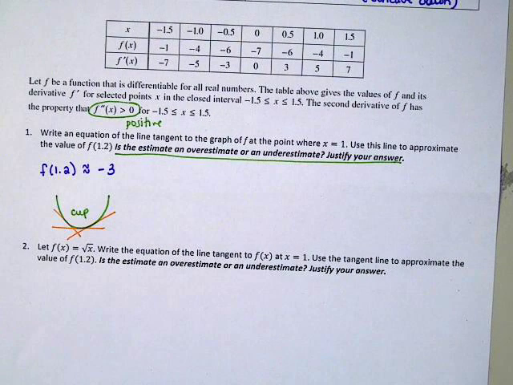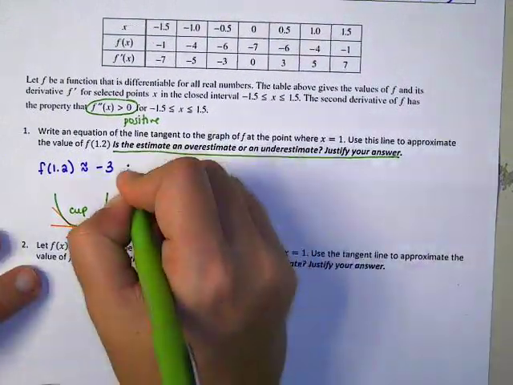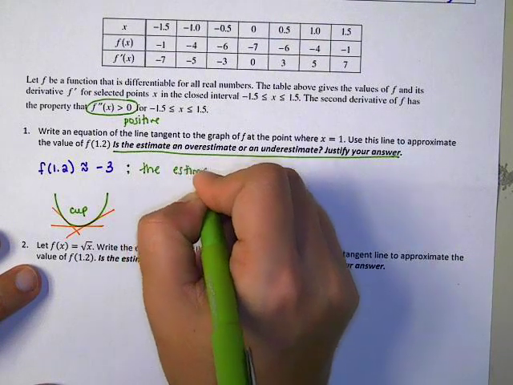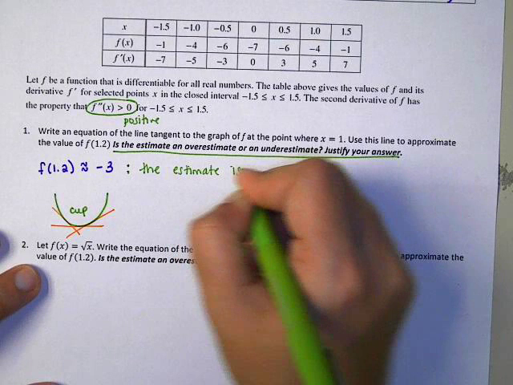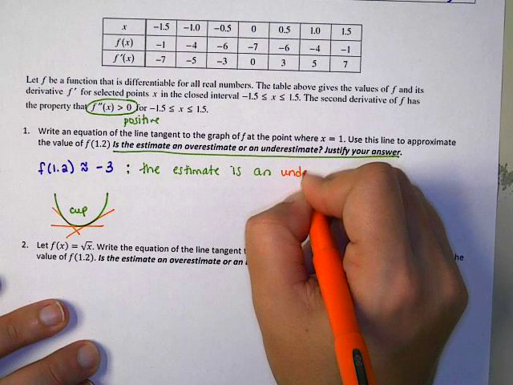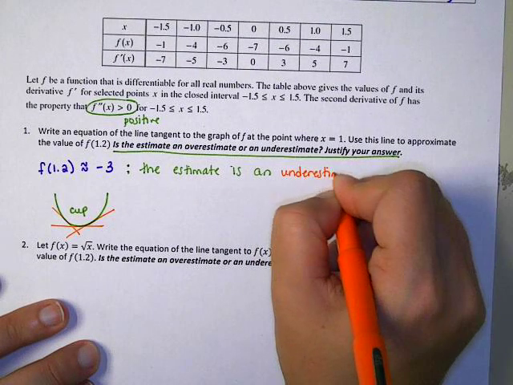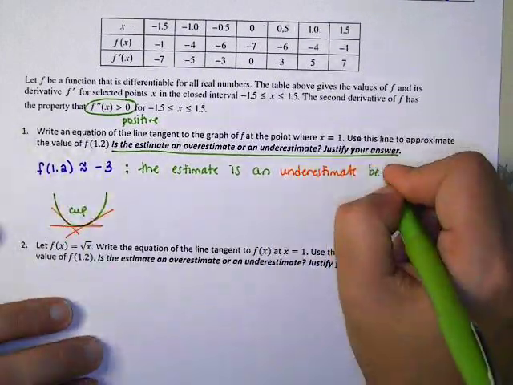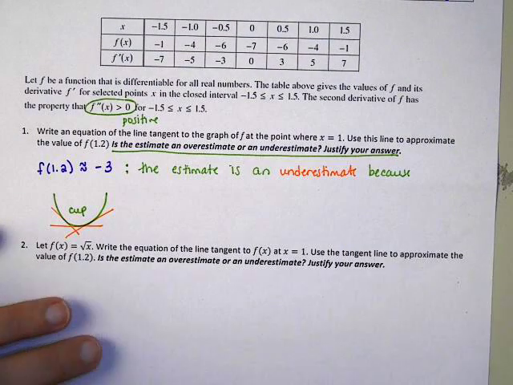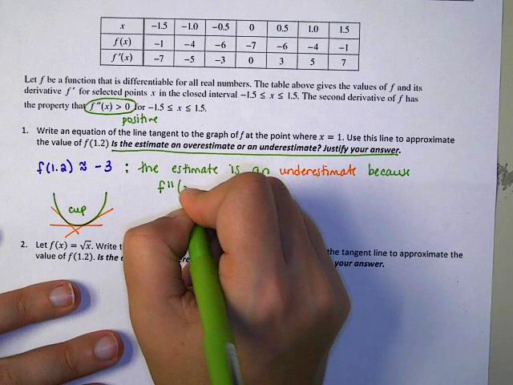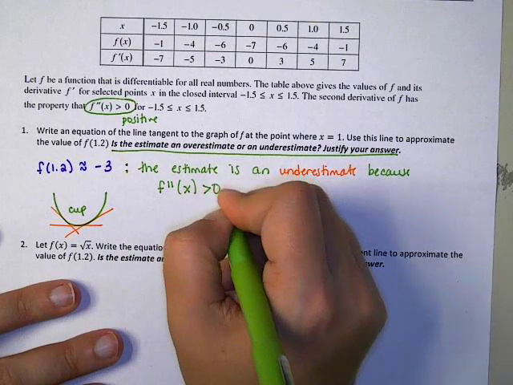So I would write the estimate is an underestimate because, and here's your reason, the second derivative is greater than 0.